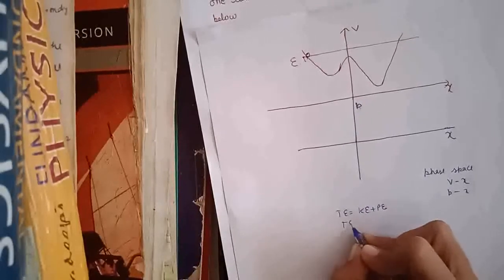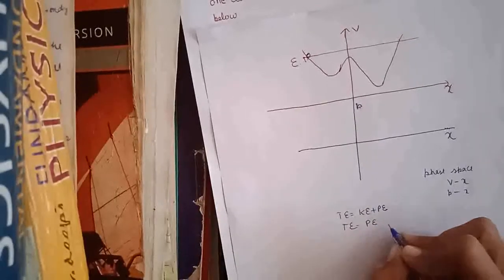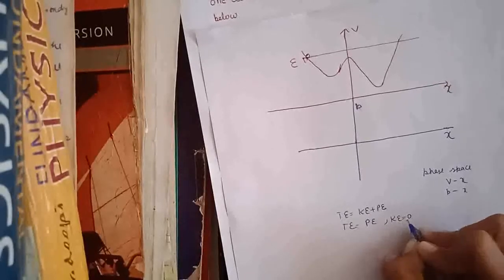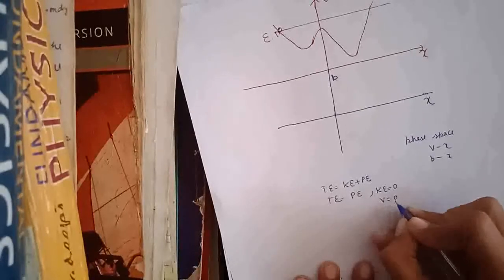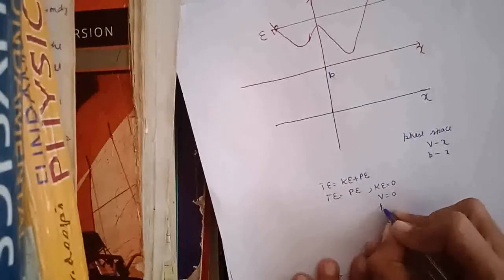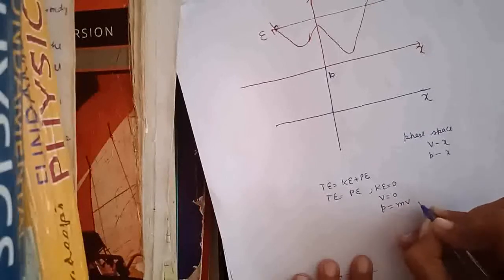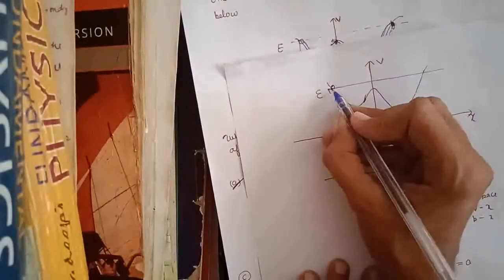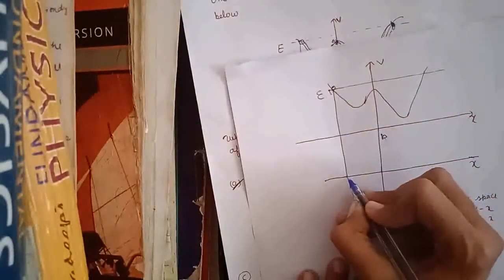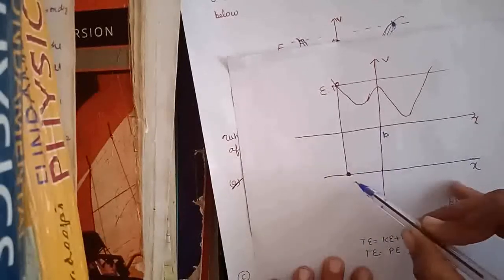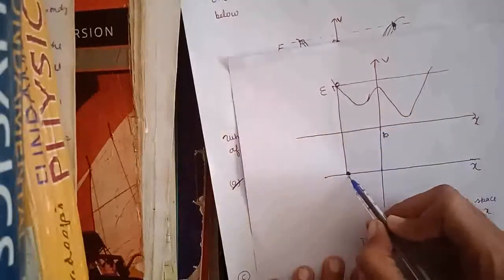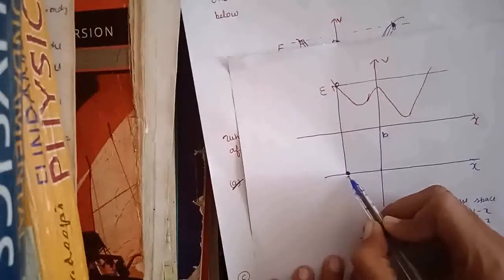If total energy is equal to potential energy, then kinetic energy is 0, velocity will be 0, and momentum P equal to mv will also be 0. So at this point the momentum of the particle is 0.